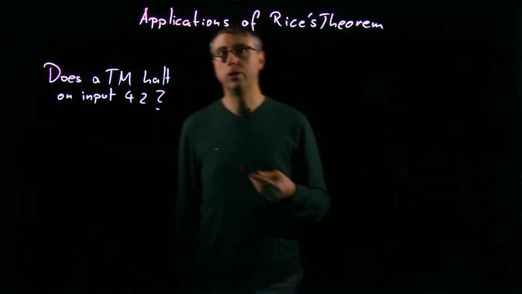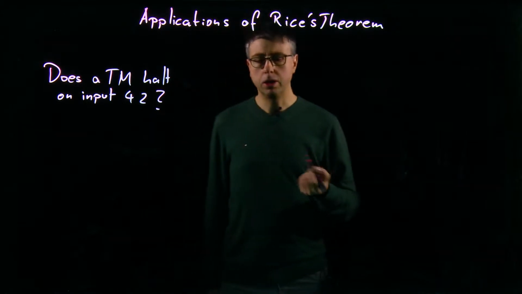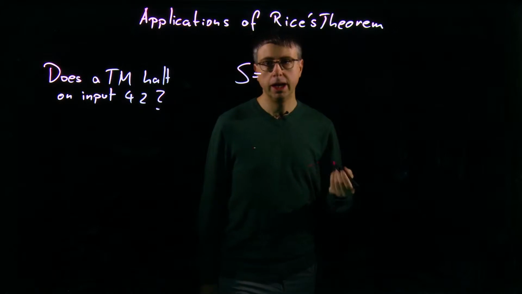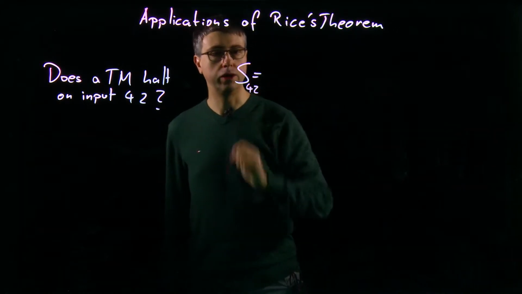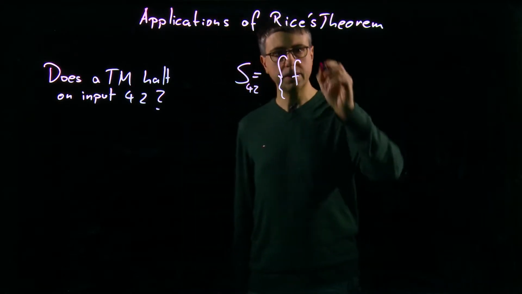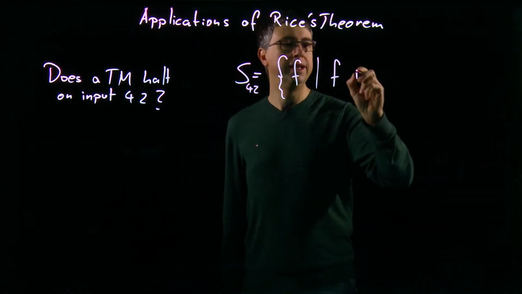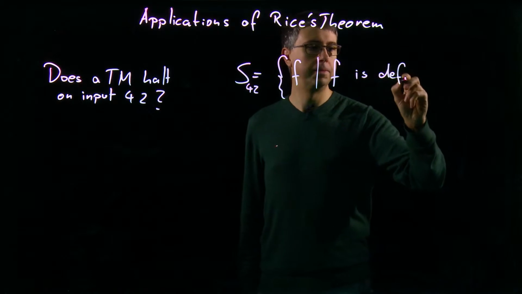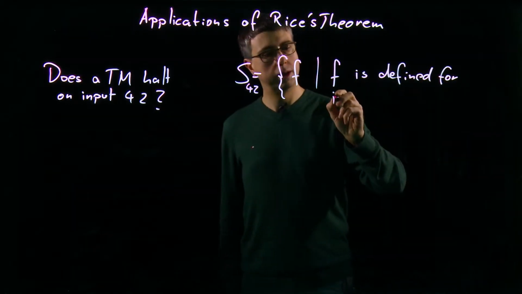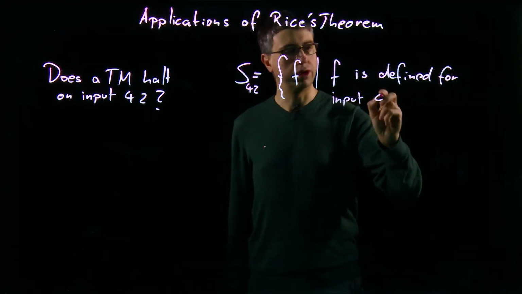And we can easily use Rice's theorem to prove it, because we can consider a set S of specifications. In this set S42, we simply collect all the functions f such that the function f is defined for the input 42.